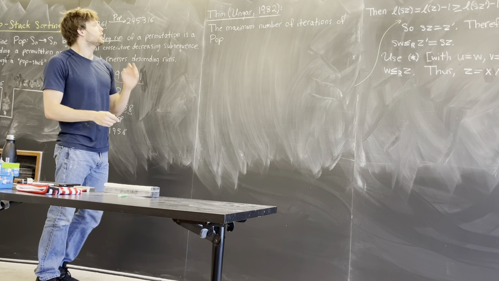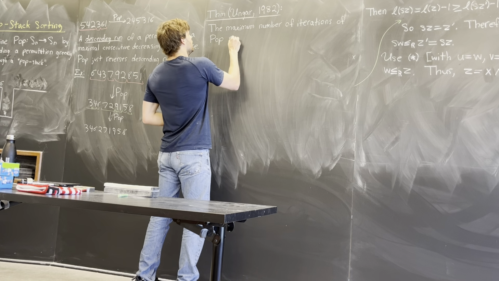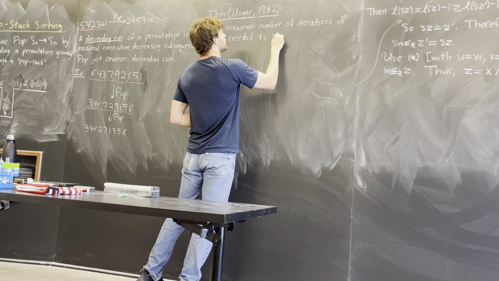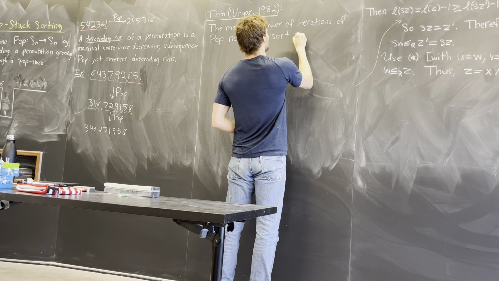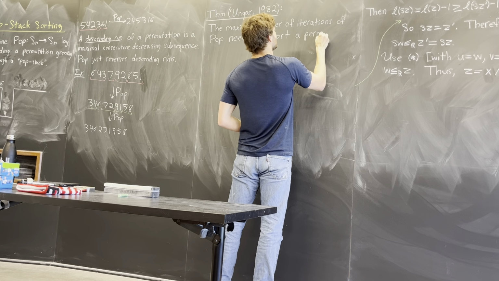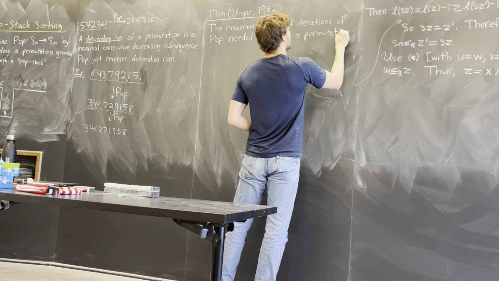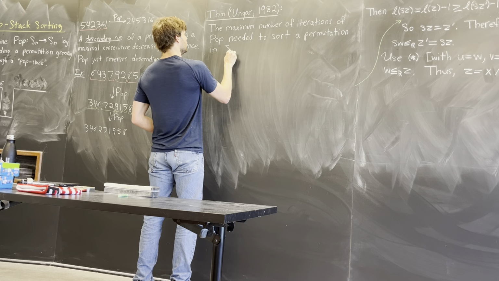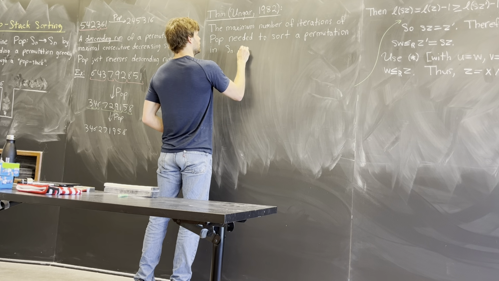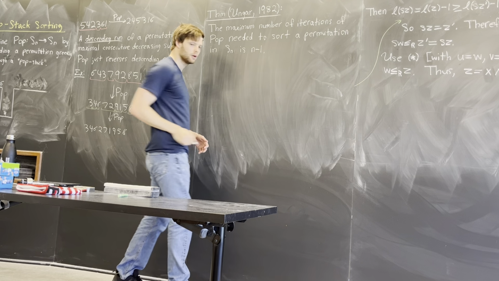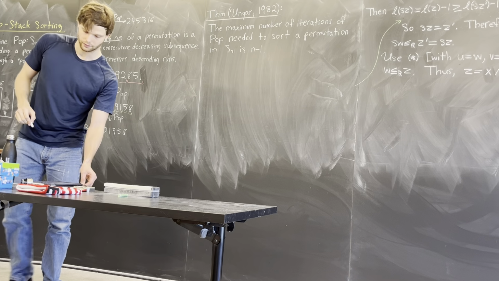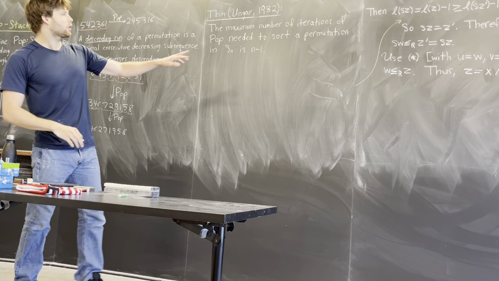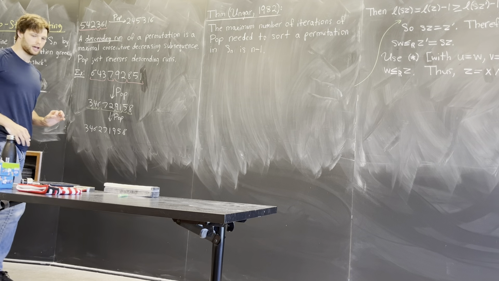So the maximum number of iterations of pop needed to sort a permutation in Sn is n minus 1. And by sort, I just mean, you iterate it until you get to the identity.